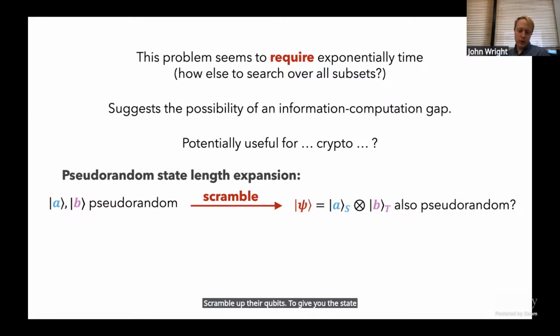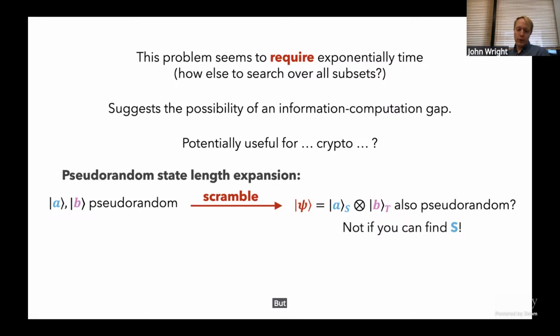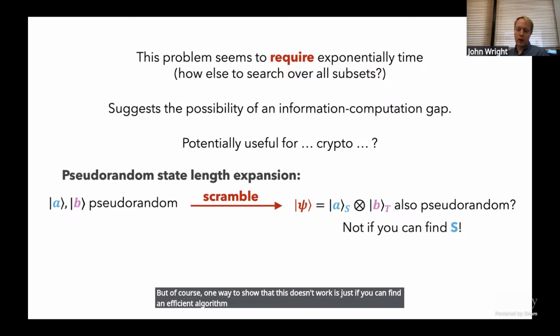And psi is a product across the cut ST. But if you don't know what this cut ST is, then maybe the state still looks pseudorandom to you. But of course, one way to show that this doesn't work is if you can find an efficient algorithm for actually identifying the cut ST, then this has no hope of working, because a truly random state will not be product across any cut.